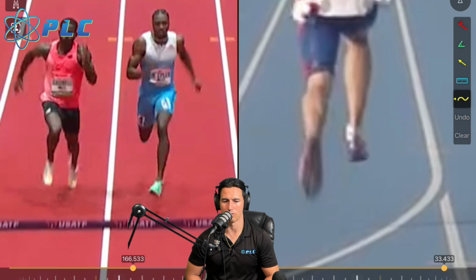Okay, it all has to do with the foot strike. So, we talk a lot about ground force and how much force you're generating into the ground. Well, you're not going to be able to generate the same amount of force in the ground if you're not able to control it and stabilize it. And you're also not going to be able to run fast if you're not able to toe off the ground in a way that's going to properly propel the body in the most efficient manner as possible.